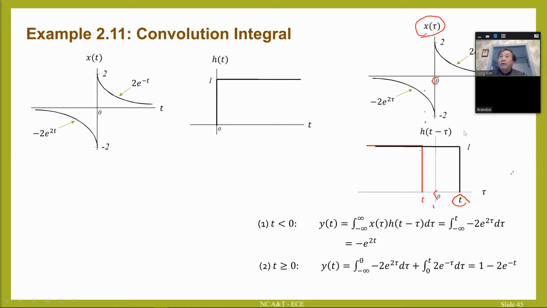And another reason in the total integration is the right side of the function. Also h of t minus tau is 1. 1 times this, 1 times this, added up together. It's a total range, okay? Total integration.